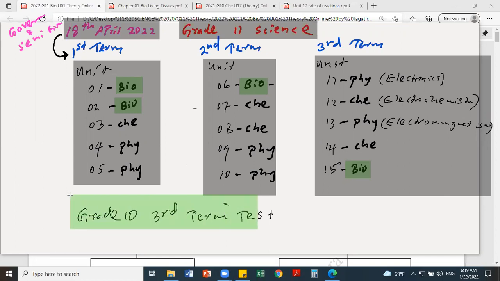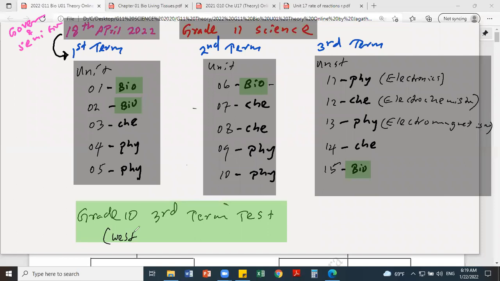Grade 10 third term test. That means Western prize paper.